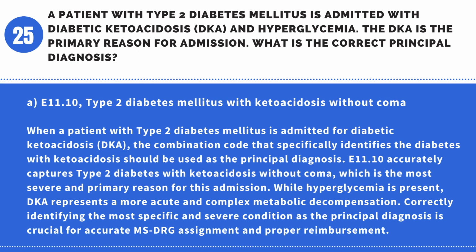Answer. A. E11.10, type 2 diabetes mellitus with ketoacidosis without coma. Explanation. When a patient with type 2 diabetes mellitus is admitted for diabetic ketoacidosis, DKA, the combination code that specifically identifies the diabetes with ketoacidosis should be used as the principal diagnosis.